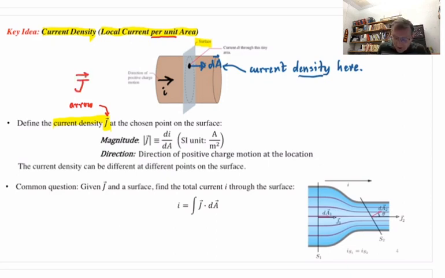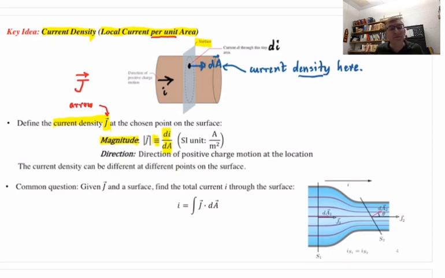Okay? Here's its definition. First magnitude, then direction part. The magnitude of the current density, J arrow magnitude, is, by definition, the amount of current, dI, going through that tiny area divided by that amount of area, dA.